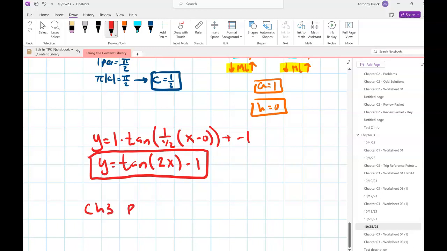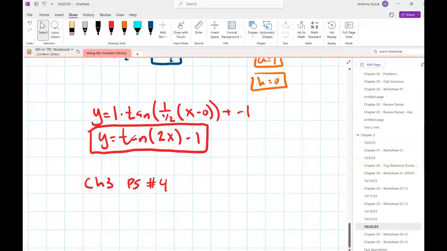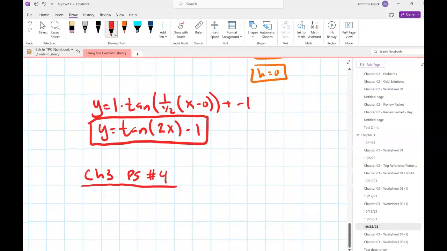So your next problem set, what is all in that? Well, from last week, we assigned problems 1 through 14, right? And then we also have a Delta Math. That was also assigned last week.